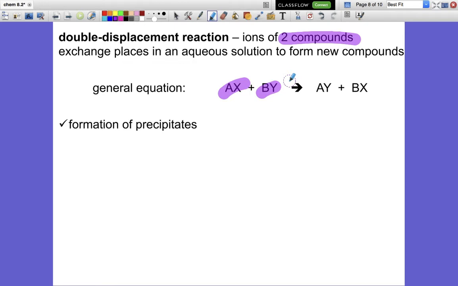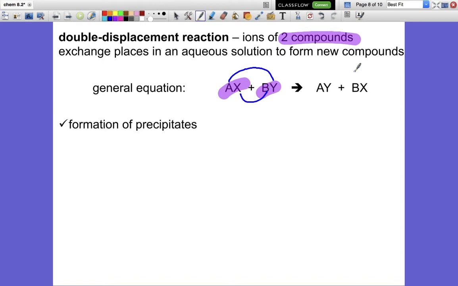Now, how this works and how I usually visualize it is similar to what you would do in your math class when you're multiplying two terms. I do kind of an outside, inside look. A goes with Y, X goes with B, but be careful. A and B always are first.